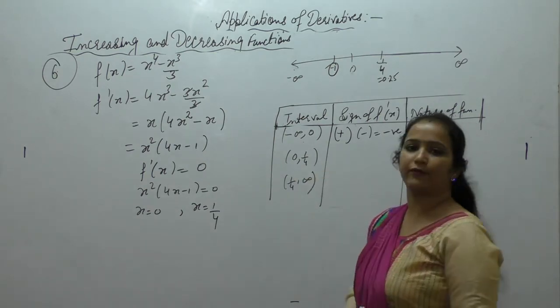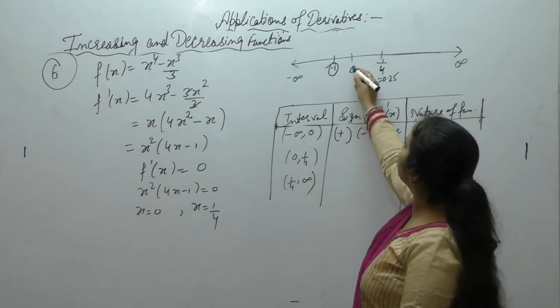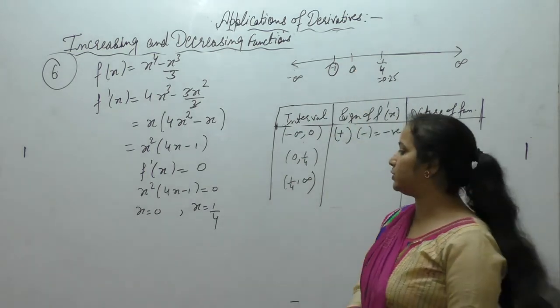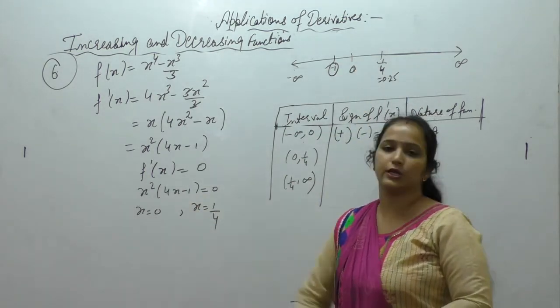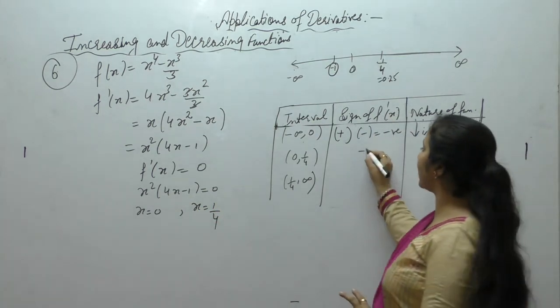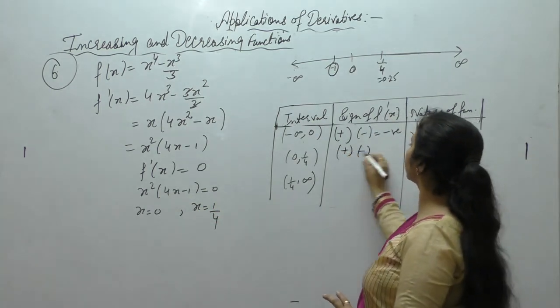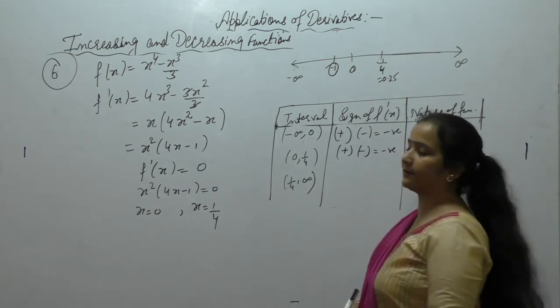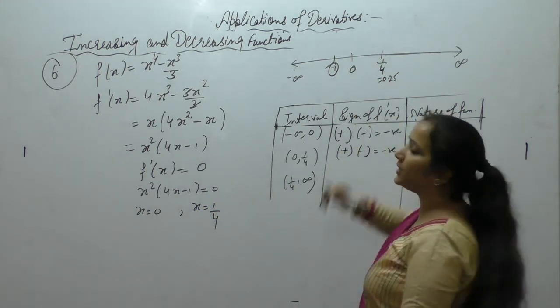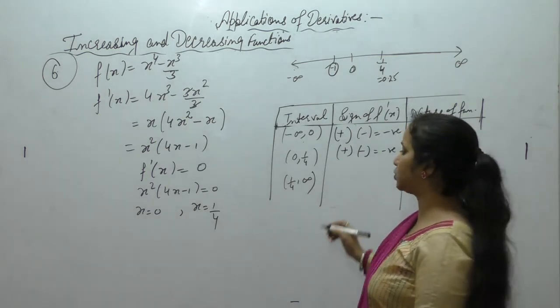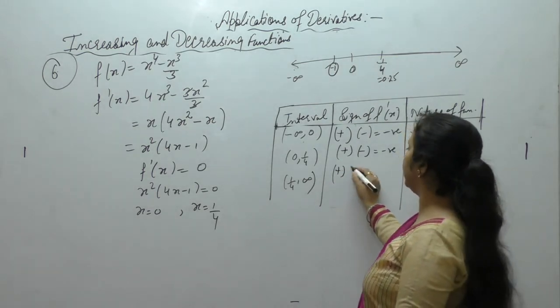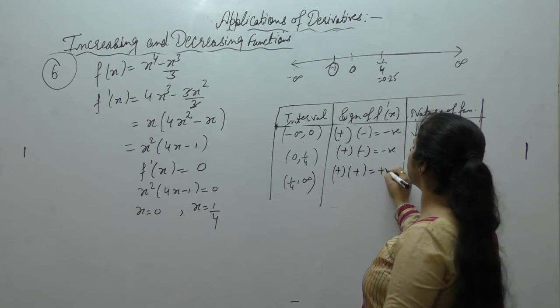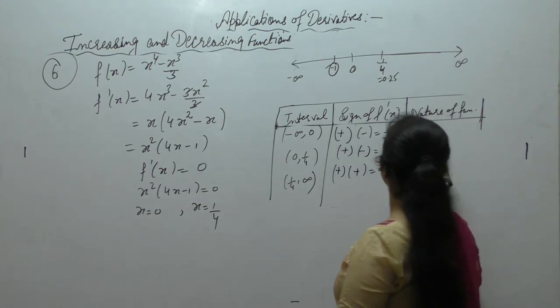0 to 1 by 4. 0 to 0.25. Let the number be 0.2. 0.2 into 4, 0.8 minus 1. So negative, whole square will be positive. Again the function is decreasing. Now 0.25 to infinity. Let the number be 2. 8 minus 1. So positive, function is increasing.